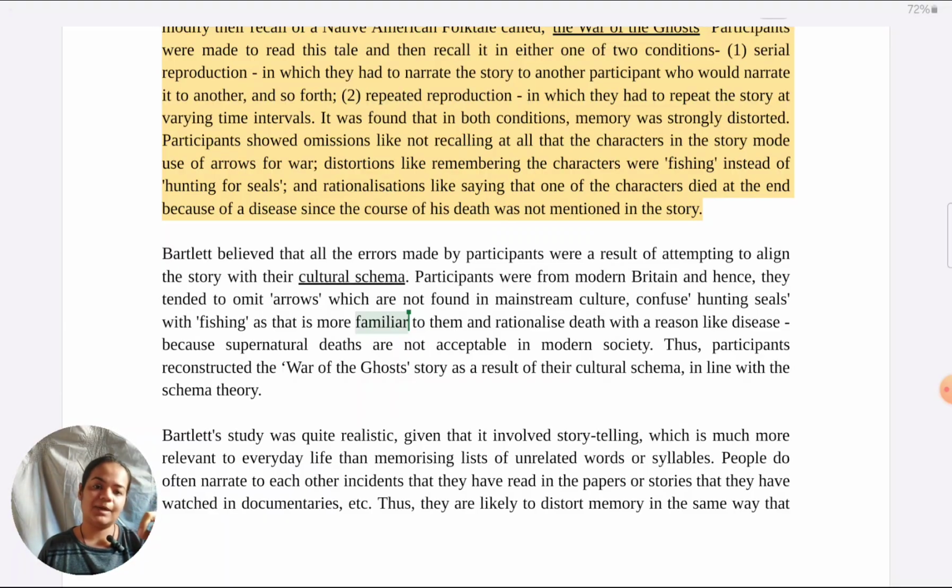But after I give Bartlett's study, when I talk about these things, now we get clarity that these are the elements which cause distortion. So again, you can see organization also: the right things are coming in the right place. They follow logically where they should come. After they can be understood, then only they are placed. Secondly, development of the argument using research studies. This is called development of the argument.